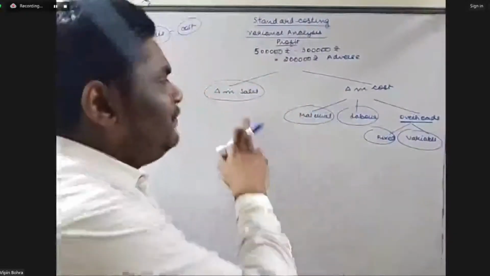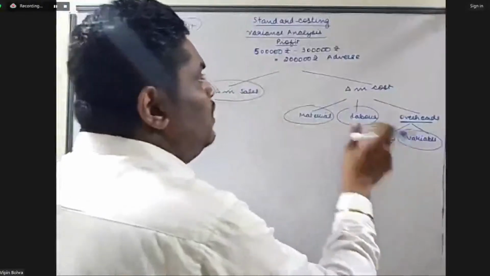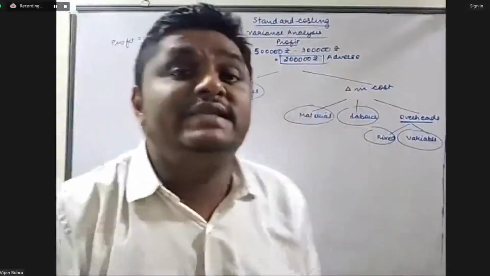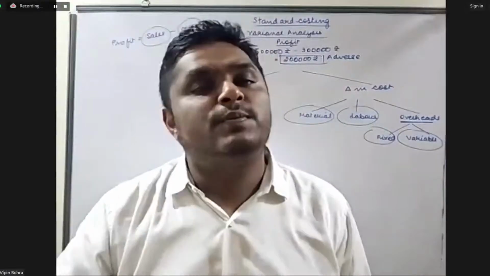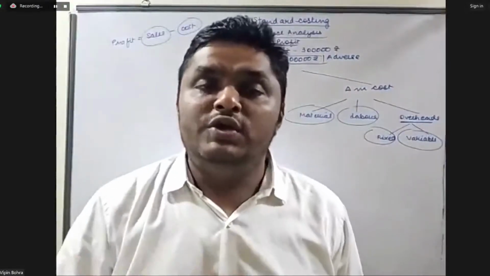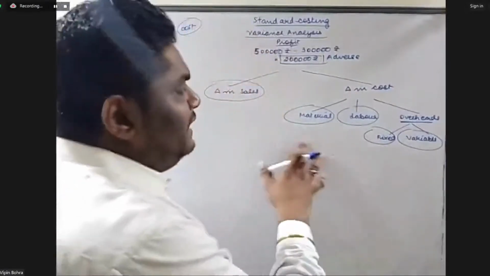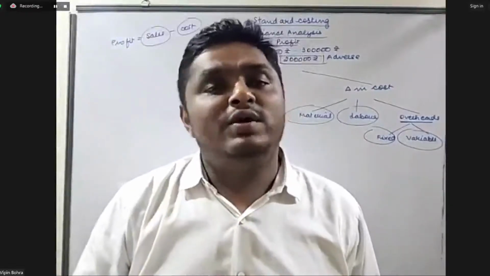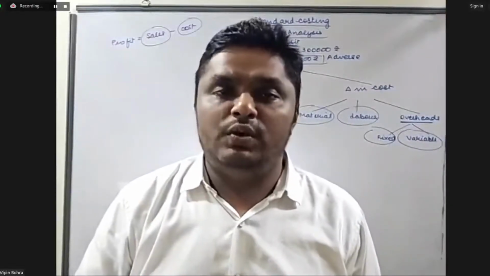So ultimately we have to investigate all these departments to figure out whose fault this loss of rupees 2 lakh is. So in this chapter we'll be investigating all these departments one by one to figure out who is responsible for this loss of rupees 2 lakh.